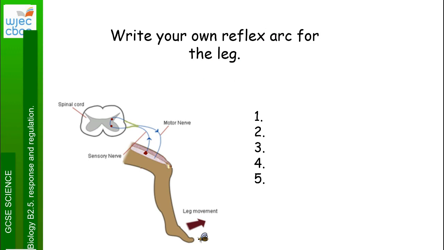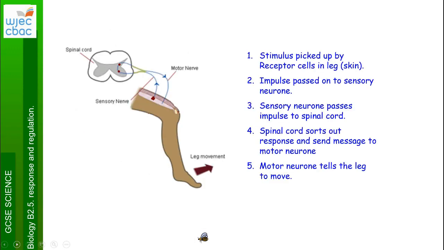So you were then asked to write your own reflex arc for the leg. So what you should have is something similar to this. Number 1, stimulus is picked up by receptor cells in the leg. So those would be in the skin as the sense organ. Number 2, the impulse is passed on to the sensory neuron. Number 3, sensory neuron passes the impulse to the spinal cord.